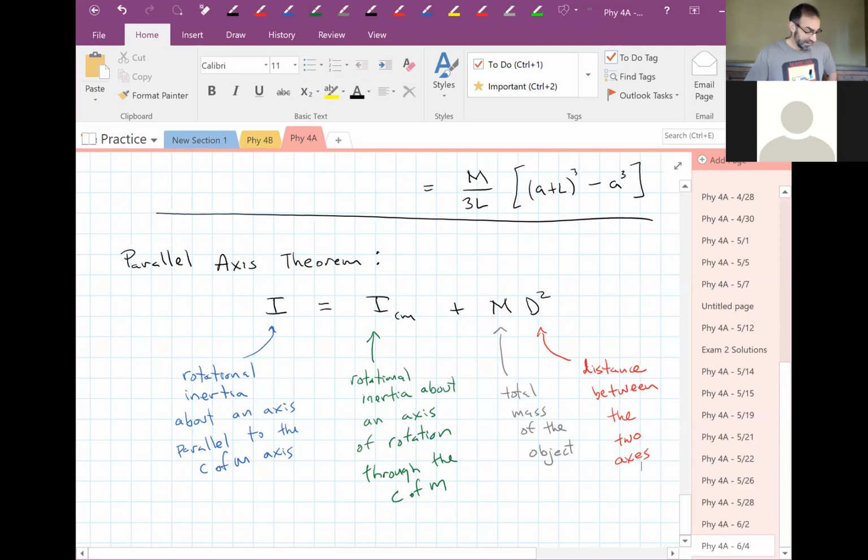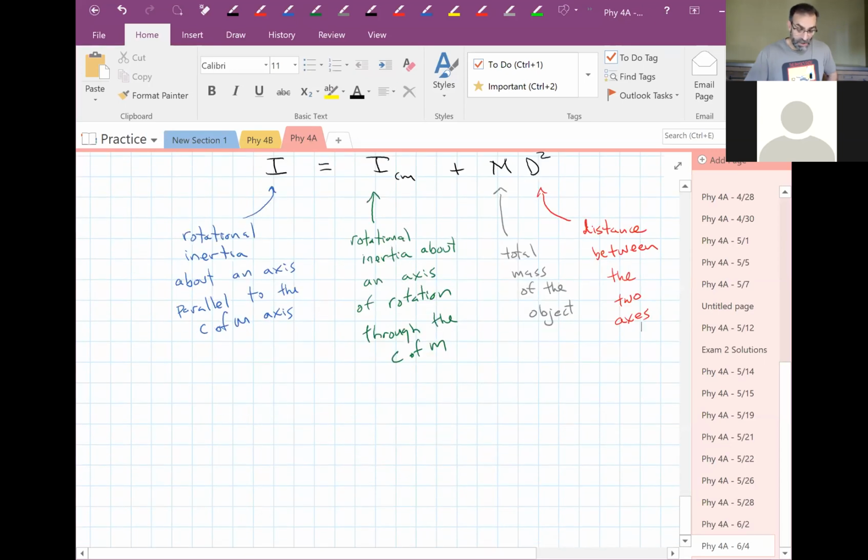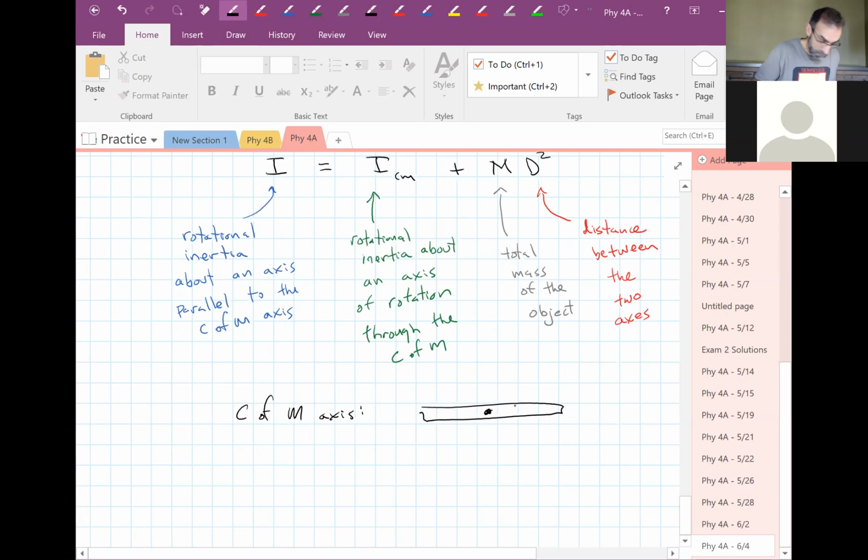Let's do, well, first let's do the example we know about. Let's pick something we know and show that we get the same answer. So we know this one. We know a rod rotating about its center point, right? We know what this is, right? This is I center of mass, which is 1/12 ml squared, right?